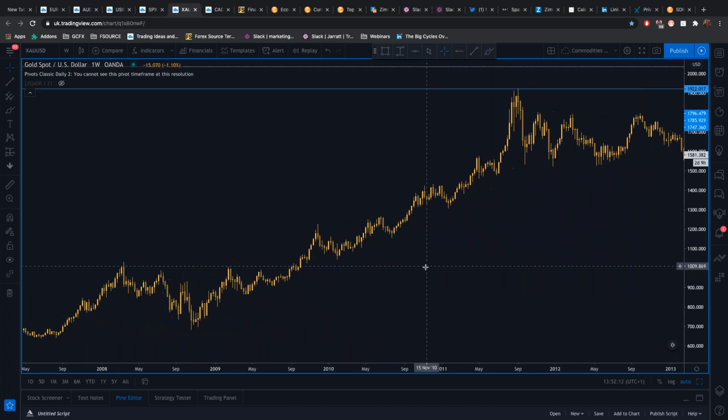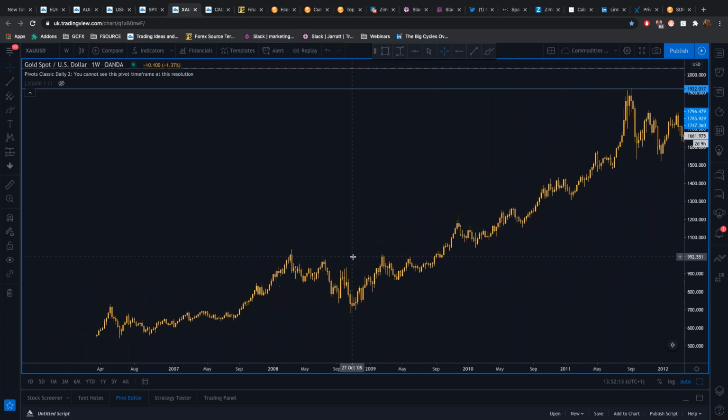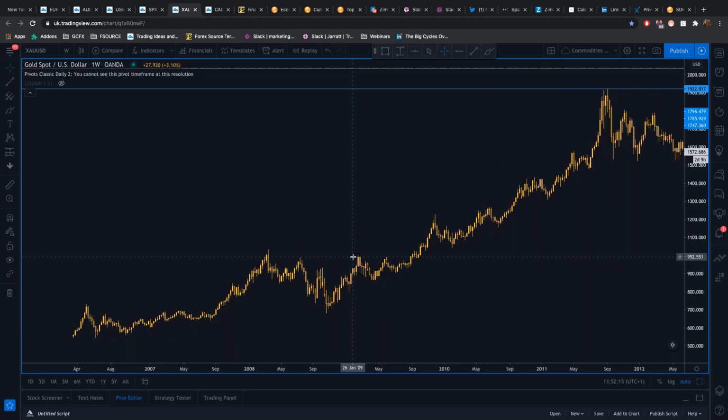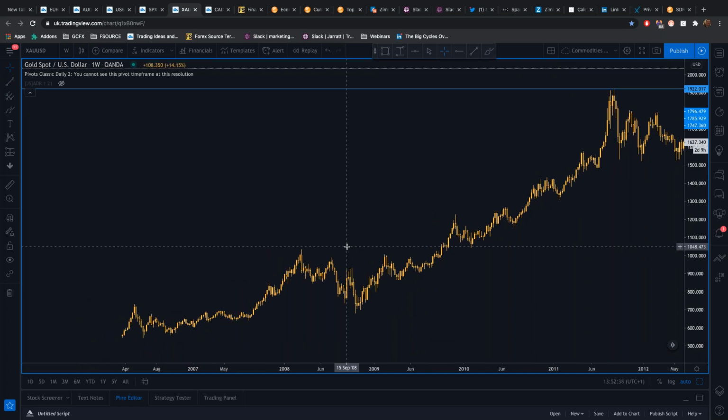We had low interest rates around the world, quantitative easing, the printing of money, low bond yields. Exactly the same environment we have today, we had then, and price rallied from this 900, 1,000 level all the way up to 1922. So an absolute massive run, hundreds of dollars to the upside in gold prices.